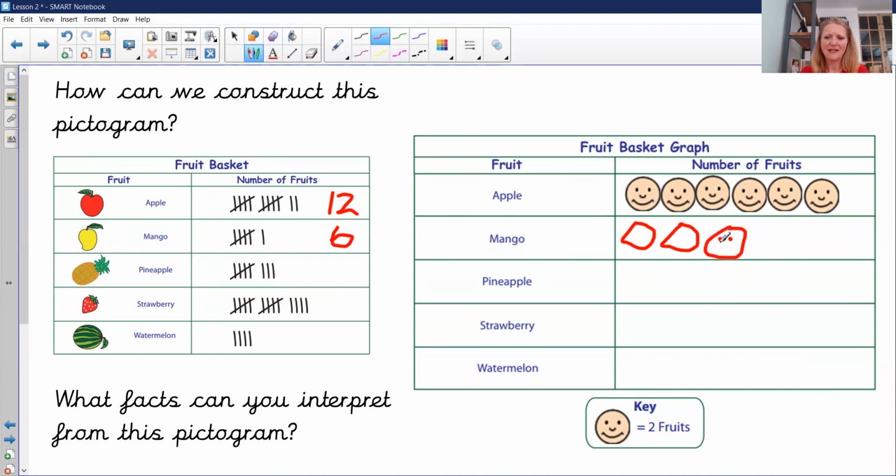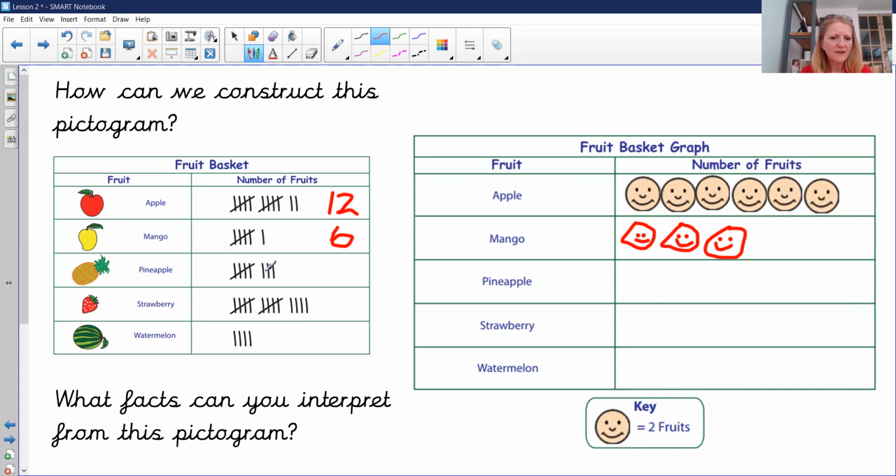Oh dear, my smiley faces aren't very good, are they? There we go. So 1 smiley face symbol means 2 fruits. So that would be 2, 4, 6.